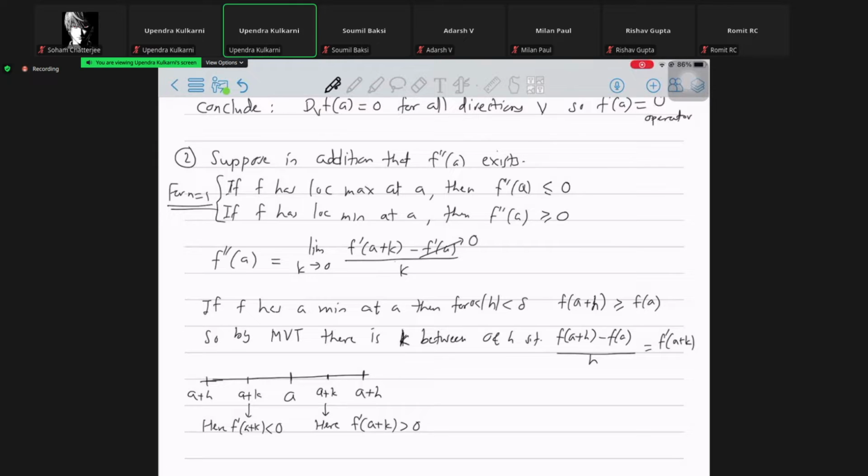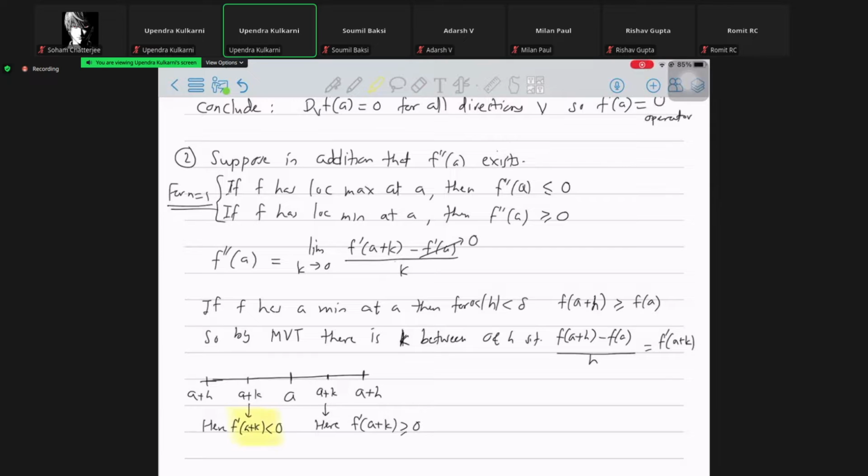The quantity up top is going to be greater than or equal to 0, and I'm dividing it by a positive quantity. Therefore, the ratio will be greater than or equal to 0 for infinitely many values of k. As a result, when I'm taking the limit of such values, the limit has to be greater than or equal to 0. I can see it also on the negative side.